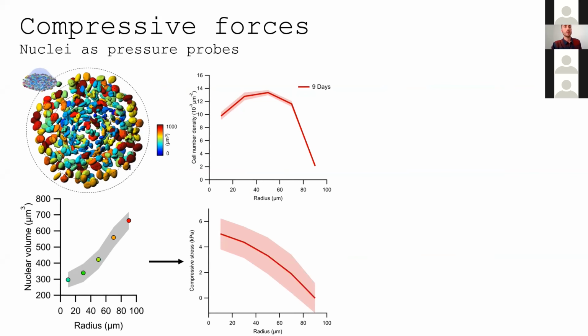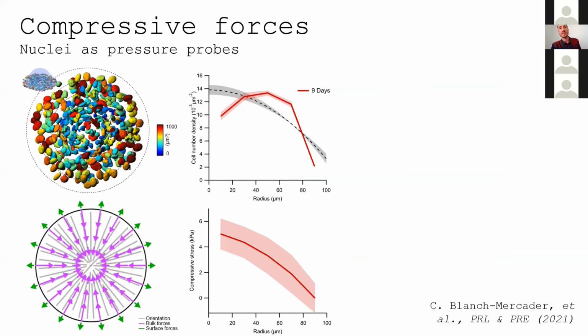Carlos got these density profiles, fit the theory, and got these forces for our islands. He also predicted the compressive stress, which fits pretty well with our experimental data from the nuclei.